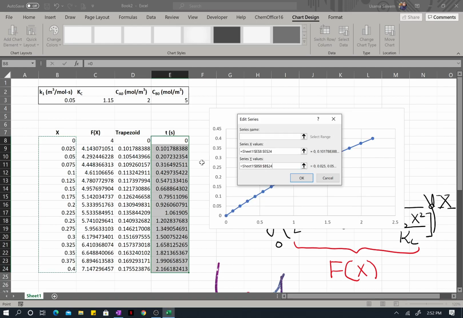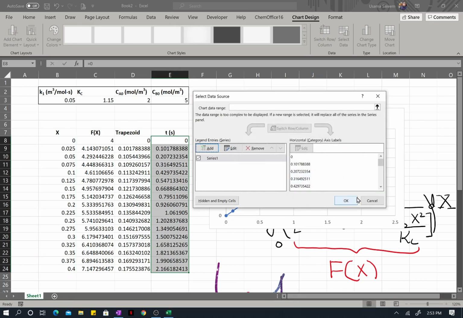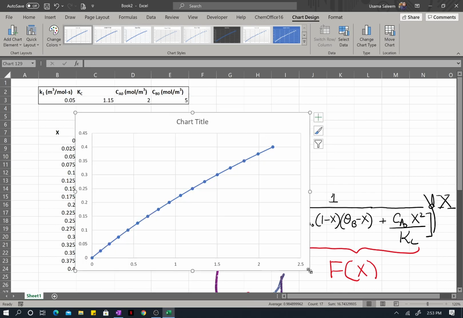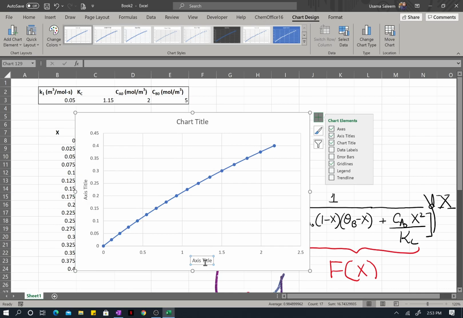Okay, so time on the horizontal axis and conversion on the vertical axis. Very good. And I can put the axis titles. Time in seconds.